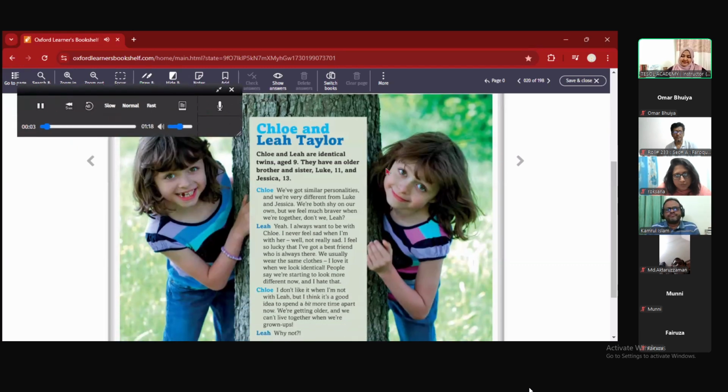Chloe and Leah Taylor. Chloe and Leah are identical twins, aged 9. They have an older brother and sister, Luke, 11, and Jessica, 13. We've got similar personalities, and we're very different from Luke and Jessica. We're both shy on our own. But we feel much braver when we're together, don't we, Leah? Yeah. I always want to be with Chloe. I never feel sad when I'm with her.